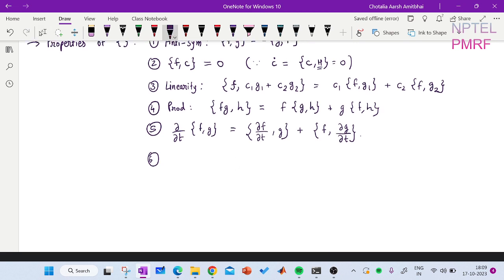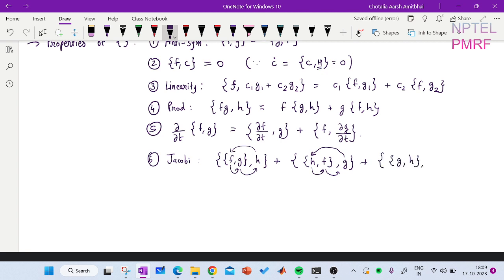And this is Jacobi's identity, which is that if you have f, g and h, three of them, and you permute cyclically, so bring h here, push f and g to the right, so now h, f and g, and do the same thing again, bring g to the first place, push h and f to the right, so you have g, h and f, the sum must be 0.